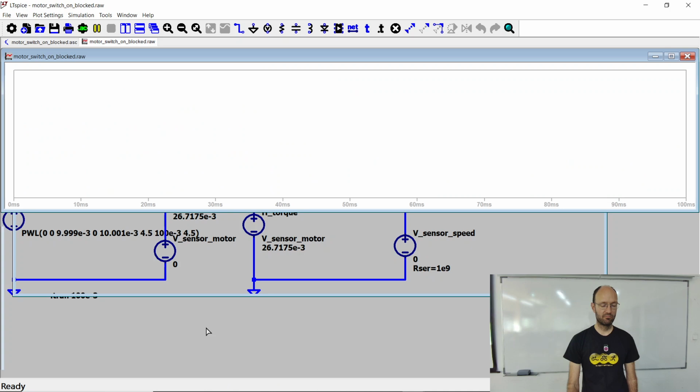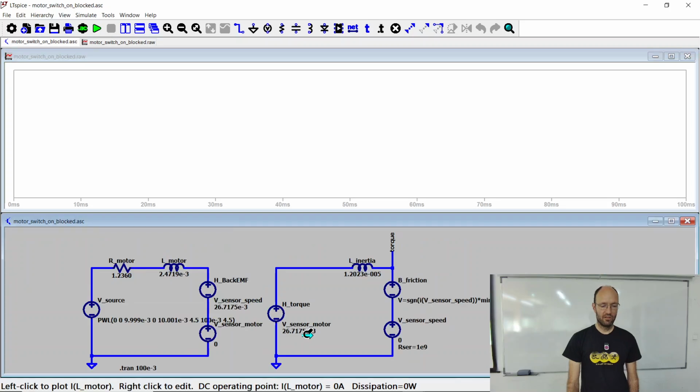And okay, in this case, as really nothing is going on this side of the circuit, it does not make a huge difference what type of friction and inertia we have, because this is not doing anything. And you can see here I have a bit more motor inductance, a bit more motor resistance, I have a piecewise linear source, but we get the same curve.